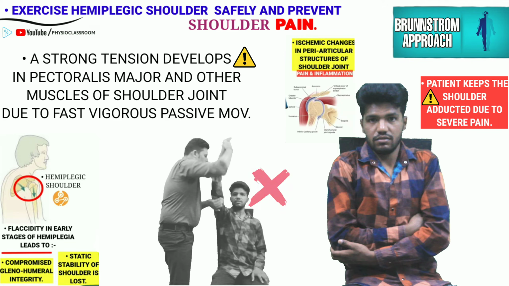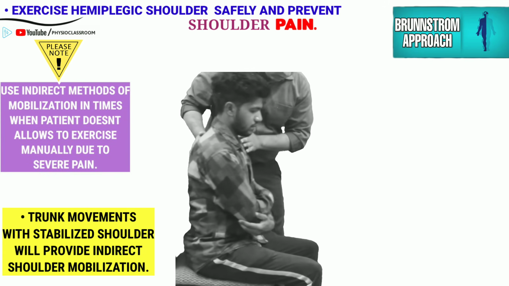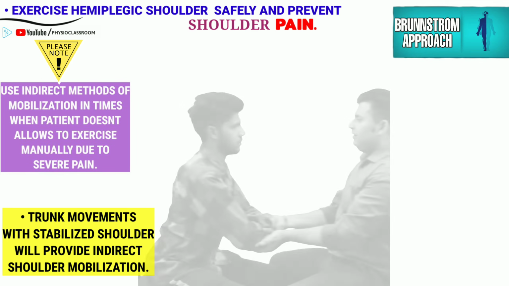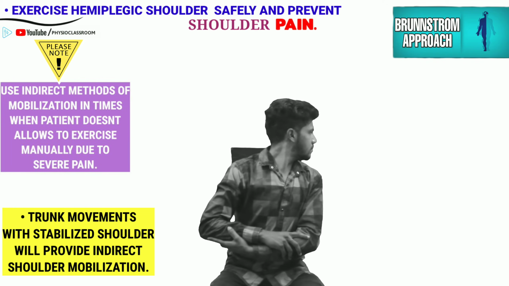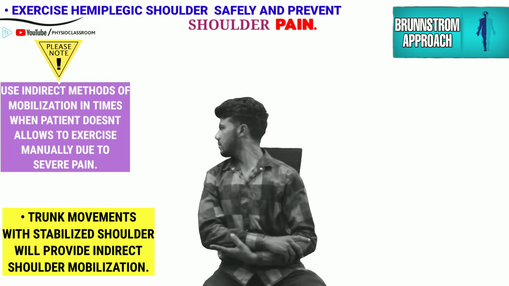Such patients often become very apprehensive and do not allow any movement to take place around the shoulder joint in anticipation of severe pain. In such patients, the treatment exercises should incorporate indirect shoulder mobilization using trunk movements.